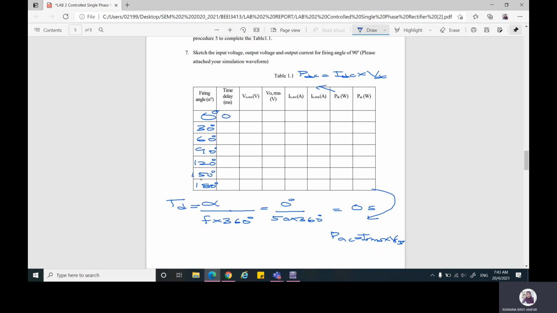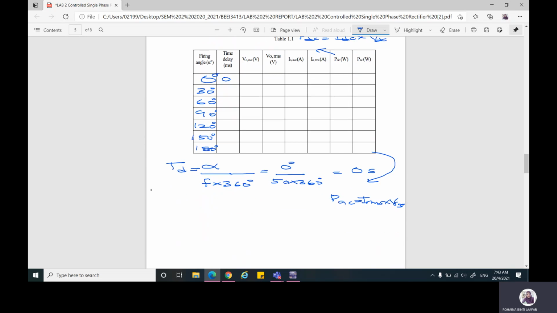Okay, so after you identify or set your firing angle, you have to calculate the time delay. Okay, so for example, I'm going to show you how to get all this value for firing angle 90 degree. So for firing angle 90 degree, you have to calculate time delay.